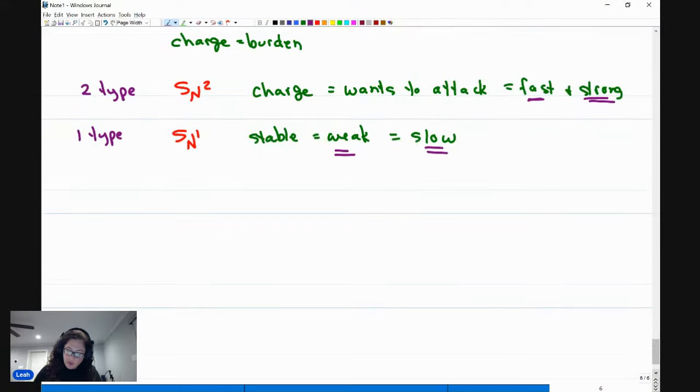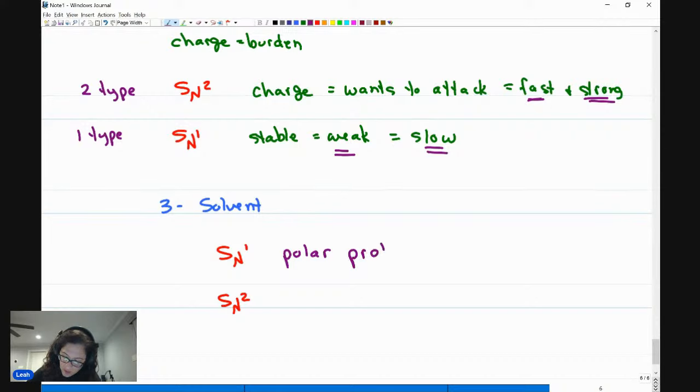The next thing that we're going to look at, number 3, is the solvent. We already looked at the 2 types of solvents. For an SN1 reaction, we have a polar protic solvent. Protic is something capable of hydrogen bonding, for example water, alcohol, ammonia, and amine.